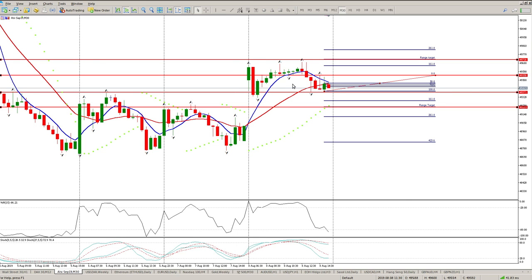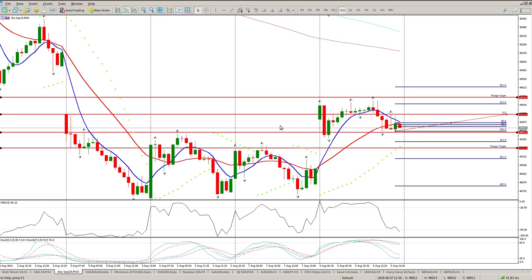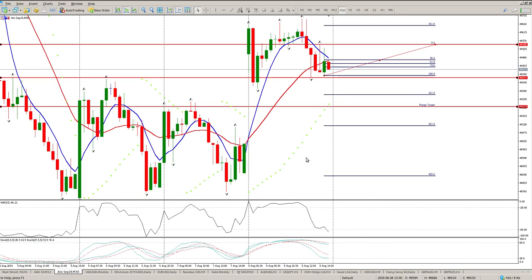I'm a little bit uncomfortable being short around here, rather looking for some structure for a long. We think we found some fairly decent support here. So that's the only trade that I can see today, and that's pretty much the closing range strategy.